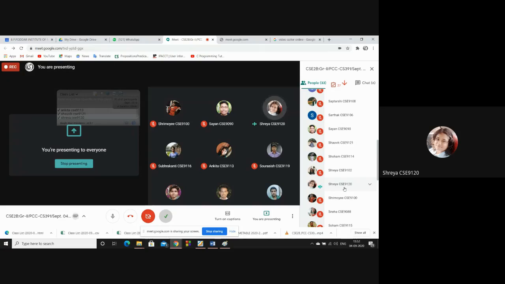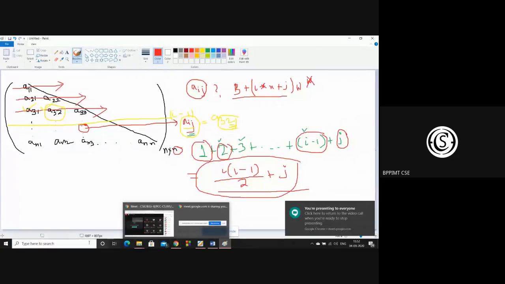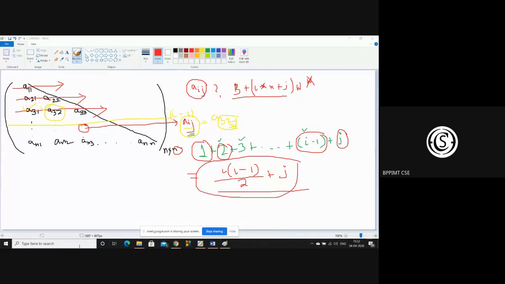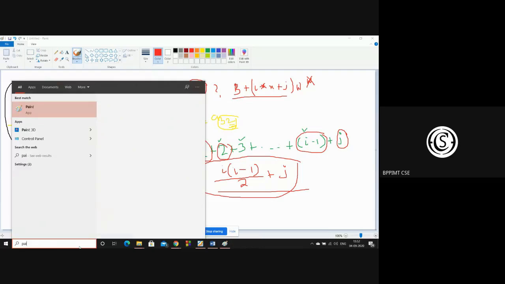All the elements above the principal diagonal are non-zero. Yes. So below the principal diagonal are 0. Right? Yes, sir. Then how to do this? Should I write? Yes, sir.